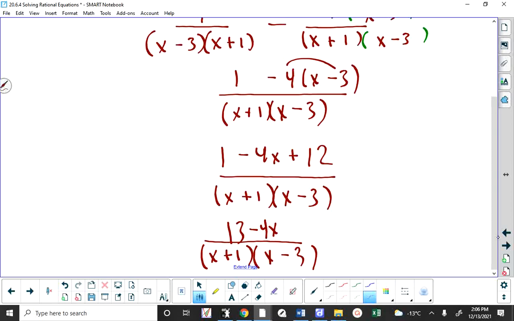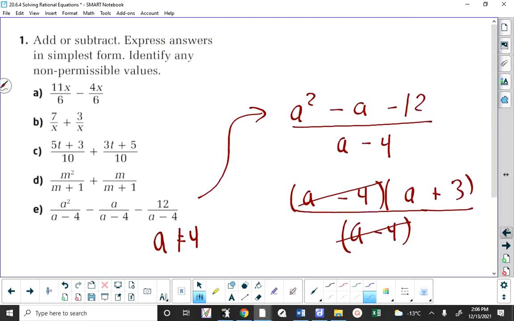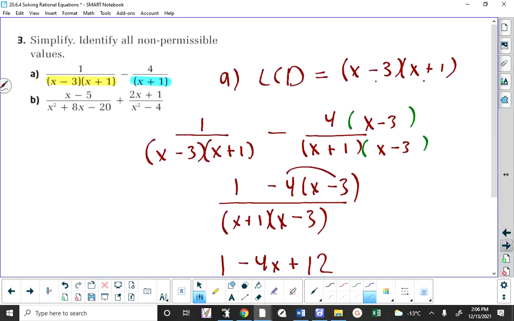So to review again, in question 1, the common denominator is staring you in the face. You just have to put these together and simplify. In question 3a, the common denominator is kind of staring you in the face, but you have a little bit of work to do and a little bit of thought to do. When you look at 3b, you can't just see what the common denominator is because it's not factored.